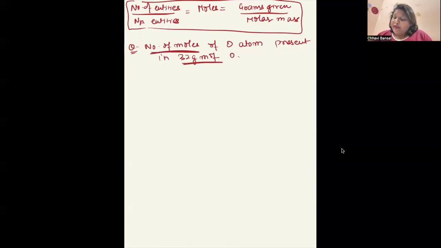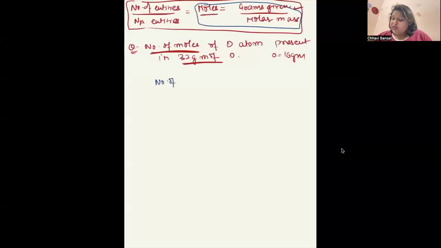So here we have to find out the number of moles, and we are given the grams. And we already know the molar mass of oxygen is 16 grams. So we can use this formula. Let me highlight it for you guys. We can use this formula to find out the result.